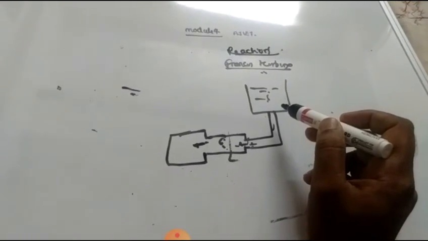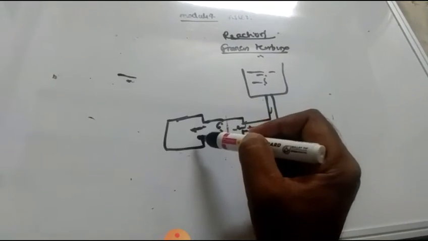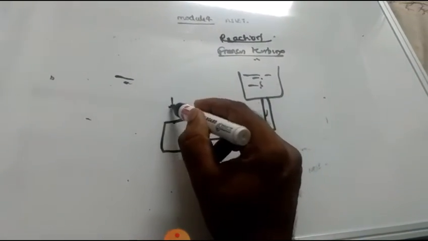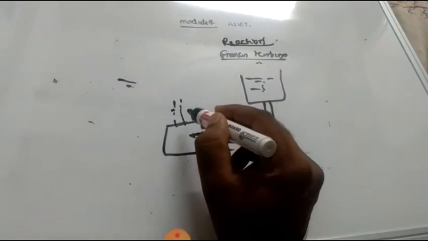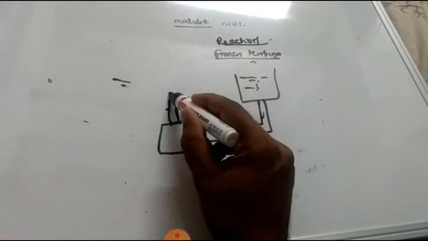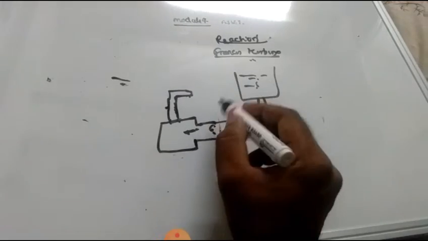Water is entering inward, and then it goes outward, to atmospheric pressure. This is the pipeline, the dotted pipeline we are connecting, and a nozzle is connected to it.